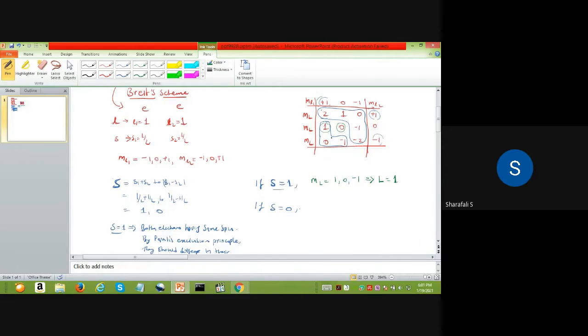So if you consider that case, then this set 2, 1, 0, -1, -2 is possible in this case, because you can take any ML value for both electrons, and that will give me L equal to 2, and another set which is ML equal to 0 is possible.